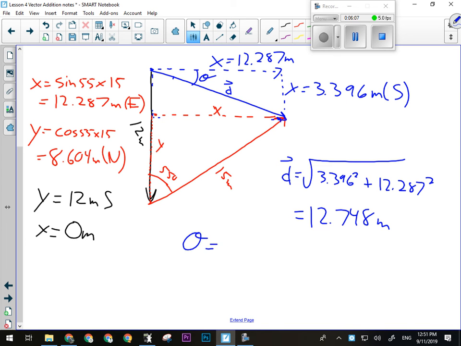So theta for me will be tan to the minus 1 of the opposite side. The way I drew this triangle, the opposite side is the y. So 3.396 divided by 12.287. That will get me my angle.